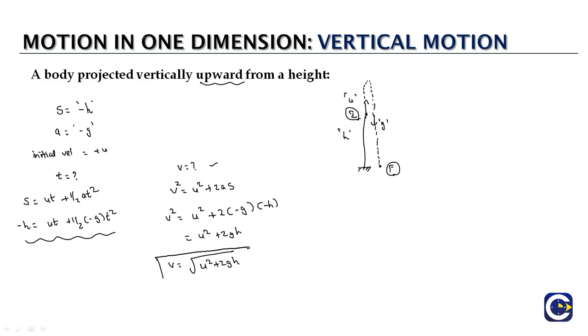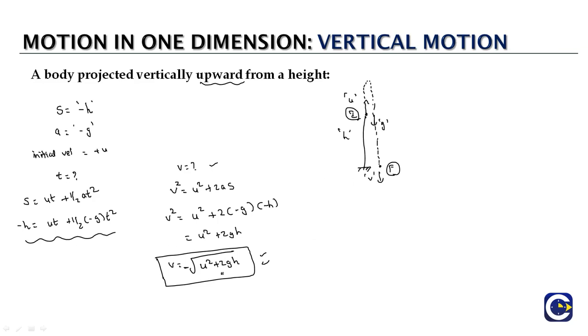Now we can see one interesting relation here. Whether we throw the particle downwards with a velocity u, which we saw in the previous case, or upwards with a velocity u, in both cases, by the time the particles reach the surface of the earth, their velocity is going to be the same. If we follow the sign convention, we would take it as minus, because the final velocity will be in the downward direction.